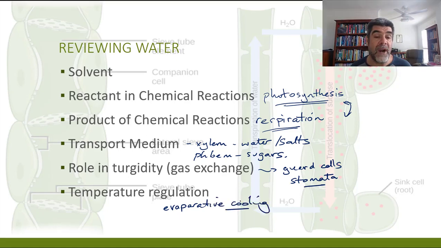So there are a whole range of different ways in which water is used in plants, and each of these ways helps to reinforce just how important water is as a chemical substance in plants. So therefore, it becomes very critical for us to understand some of the ways that plants have in order to conserve and to move water around within the plant.